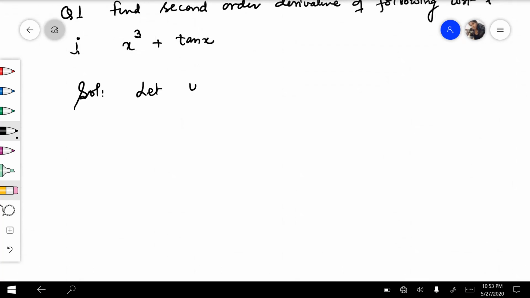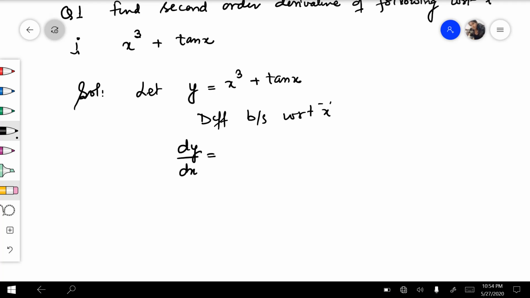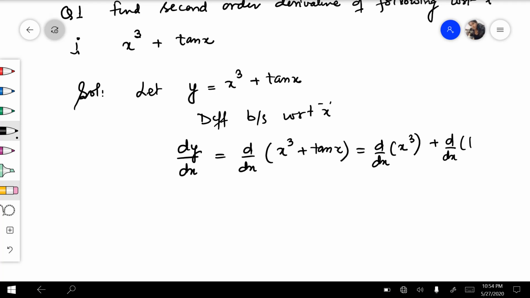Let y is equal to x raised to power 3 plus tan of x. Differentiate both sides with respect to x. Then dy upon dx is equal to d by dx of x raised to power 3 plus tan of x. Since differentiation distributes over the sum, this equals d by dx of x raised to power 3 plus d by dx of tan of x.